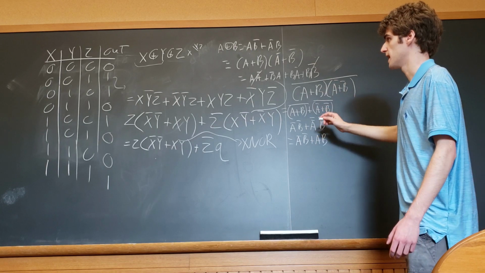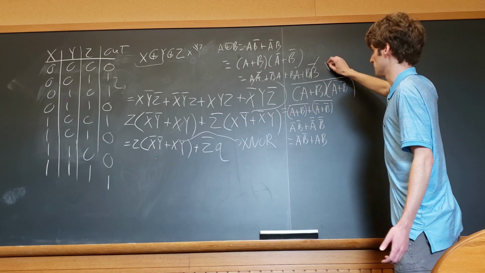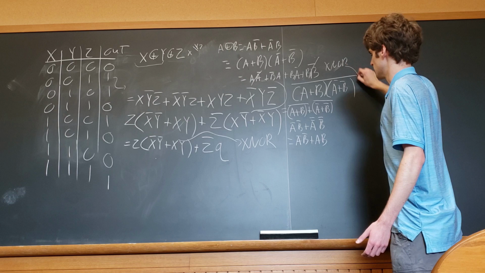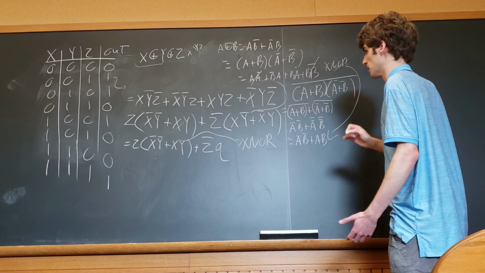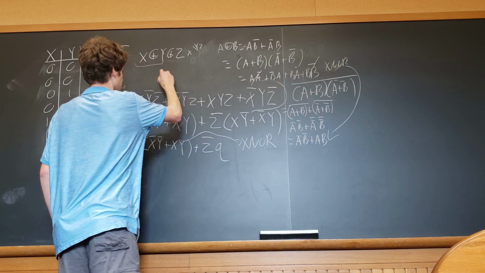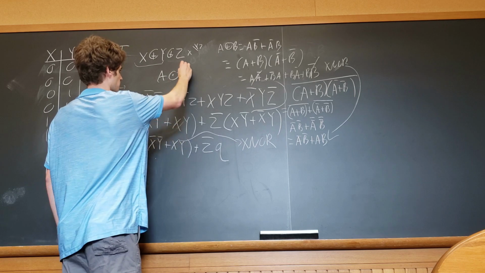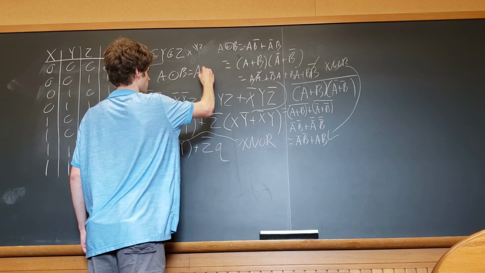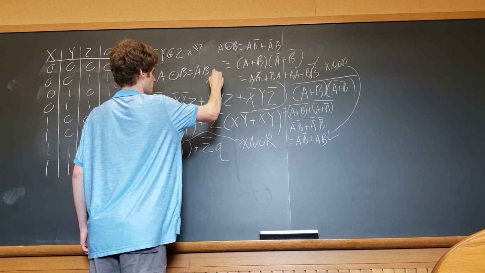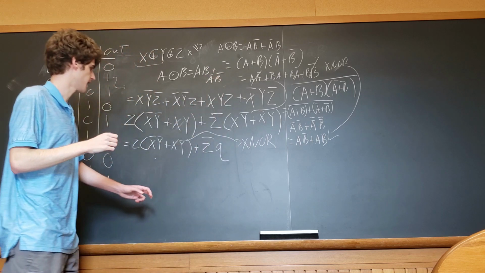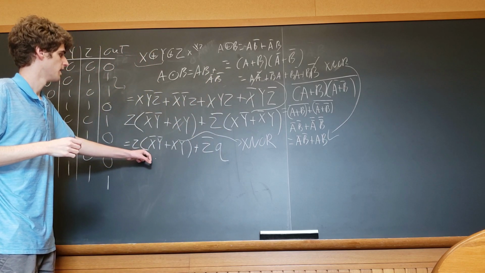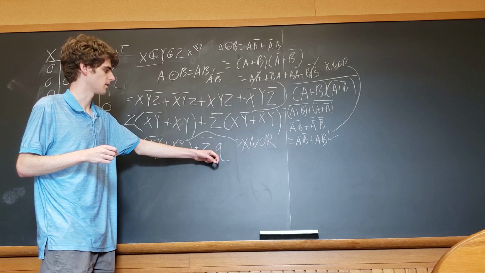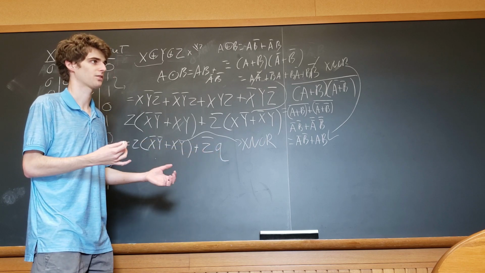So when I inverted my XOR, I ended up with an XNOR. So A XNOR B equals AB plus A naught B naught, and I have that exact same pattern here. I said that Q was the XOR, which means that Q naught is just the XNOR.